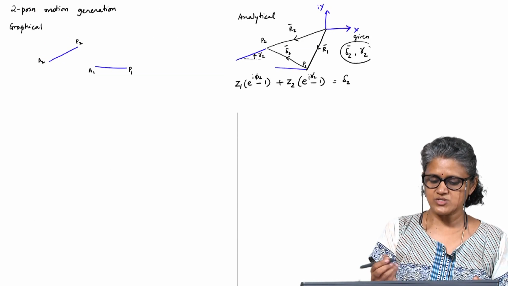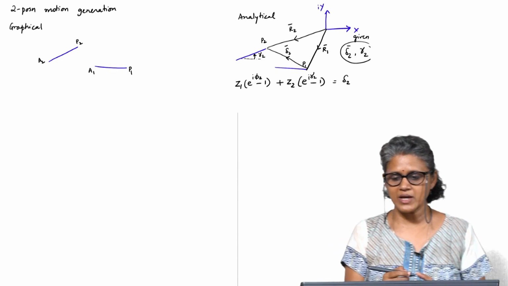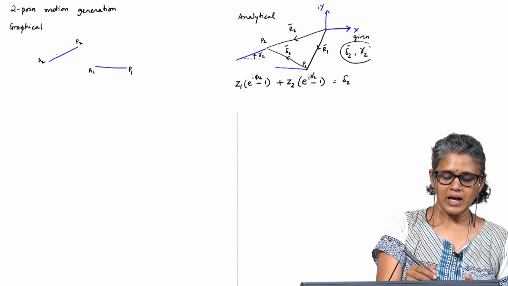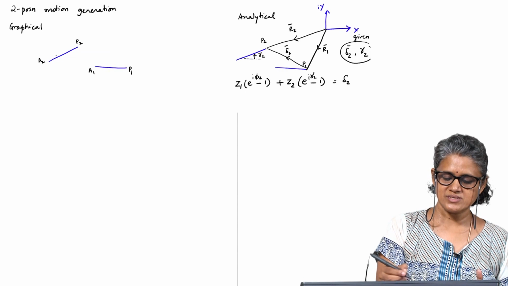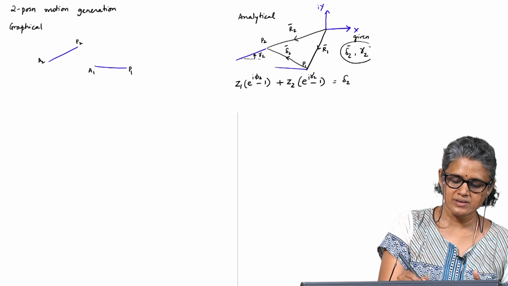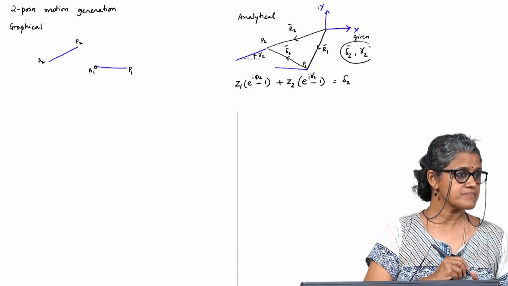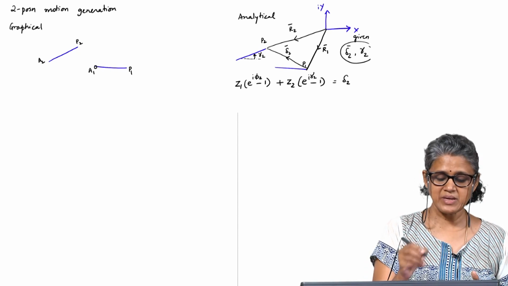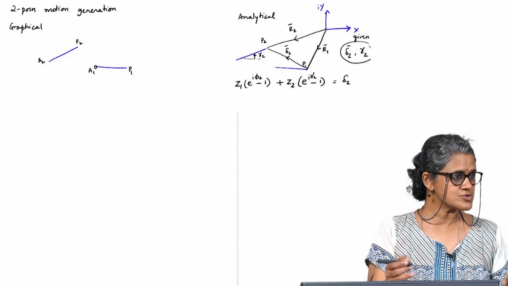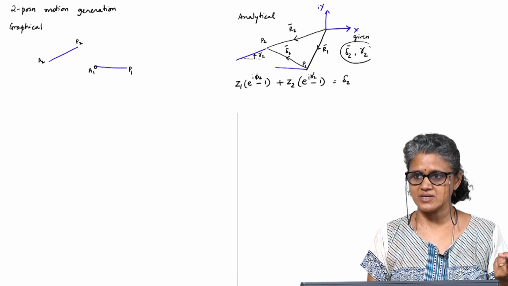So, the difference is, here the way I exercise my free choices is I pick A1 to be my moving pivot. I can pick anything else also. So, I exercise 2 free choices there.